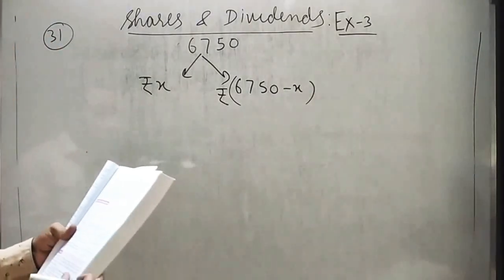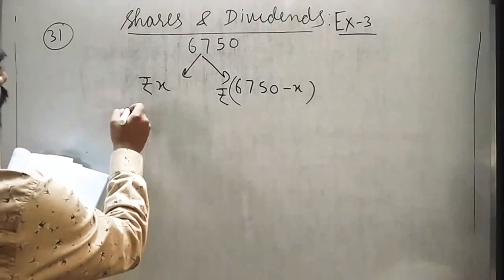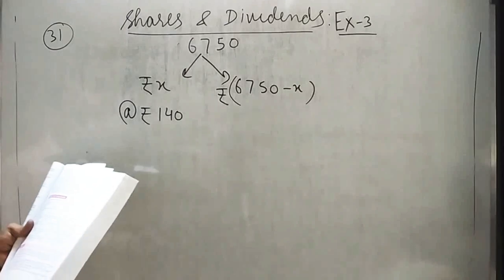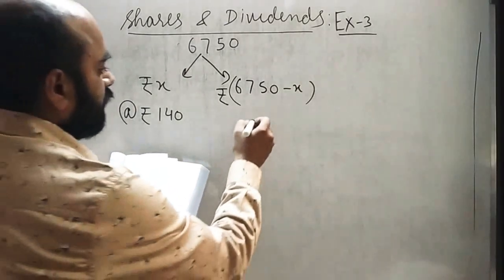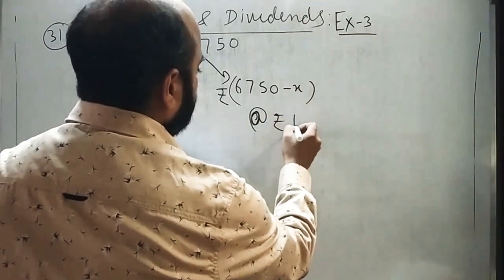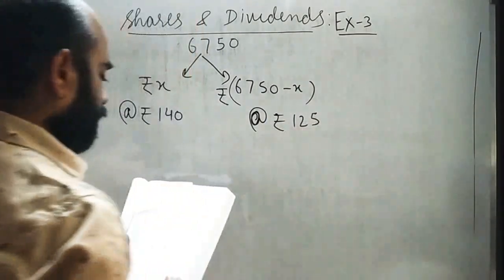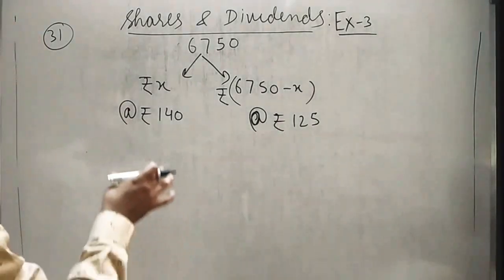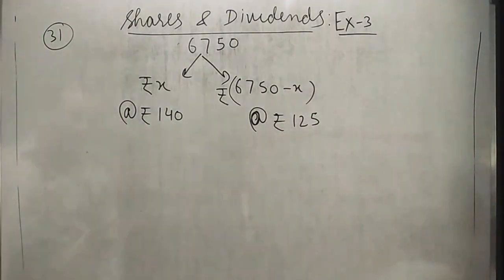So the first part he is investing at which price? At rupees 140, and the second at rupees 125. Okay, so we have to calculate the total income. First we have to calculate the number of shares in each case.